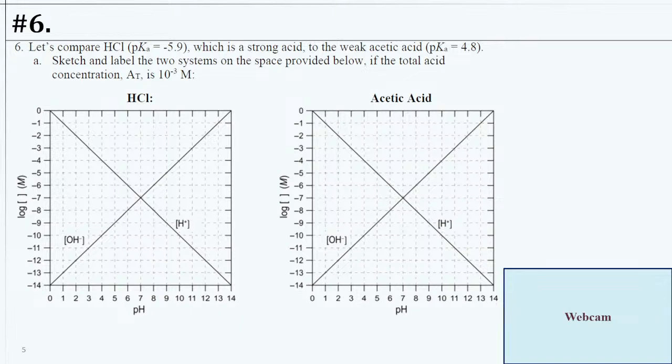So when we sketch these, there's a few things that I'm looking for. One is that the total concentration A_T has been accounted for. That means we're starting essentially right here. Whatever species are going to be around, they're going to max out here. I'm going to start with acetic acid. This is a little more normal.